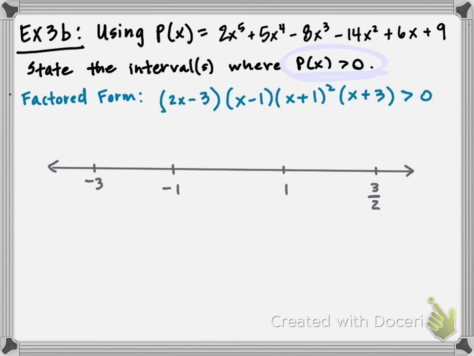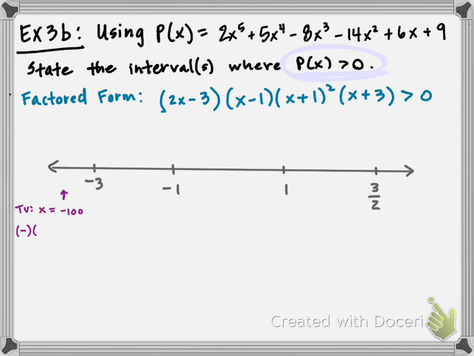test values. We practiced this again last semester. So I'm going to do a test value out here. Let x equal negative 100. Negative 100 is within this domain. When I plug negative 100 into all of these factors, I'm just going to write negative or positive. Negative 100 times 2 is a really big negative number.